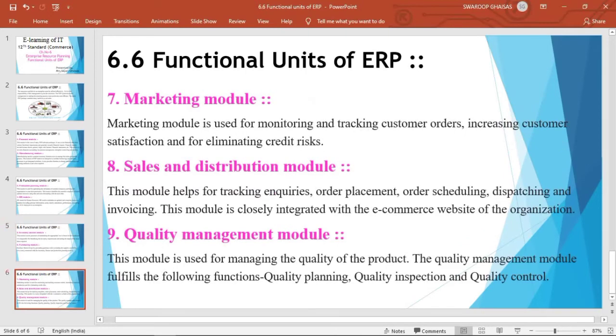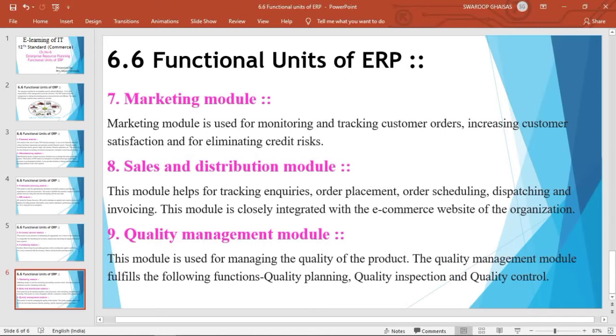Next one is the marketing module. This is used for monitoring and tracking the customer orders, increasing the customer satisfaction, and for eliminating the credit risk. See, different marketing modules are there for getting the customer needs. That is, whether the customer is satisfied with your product or not.